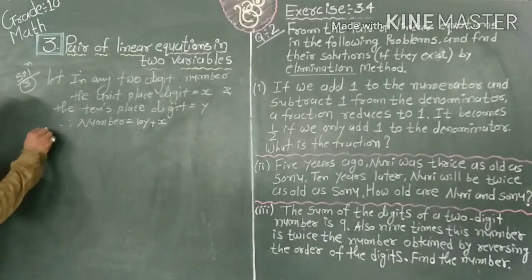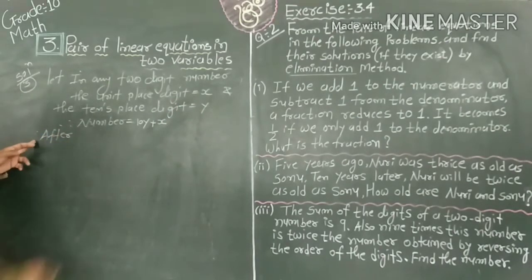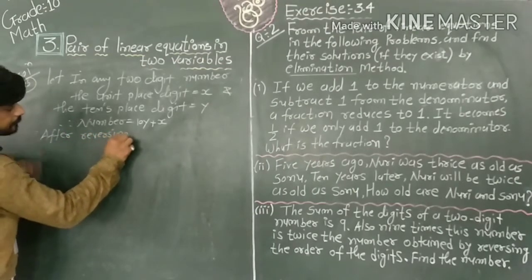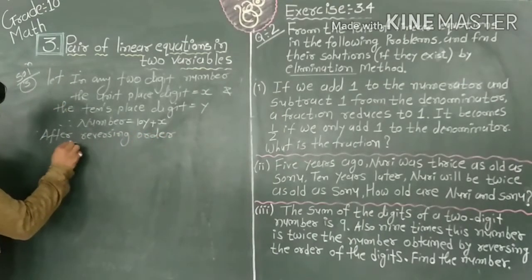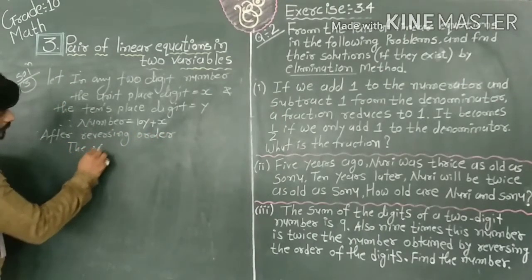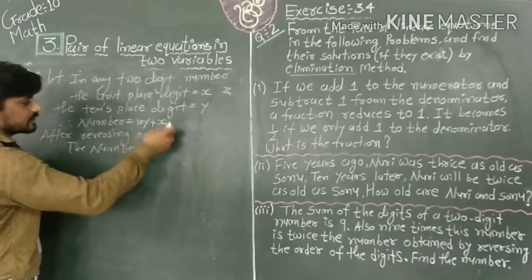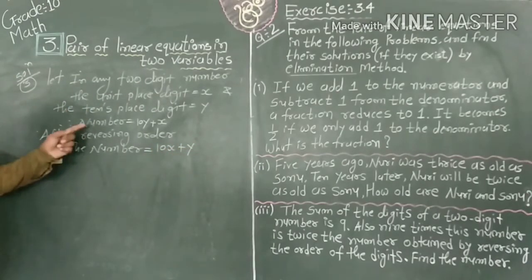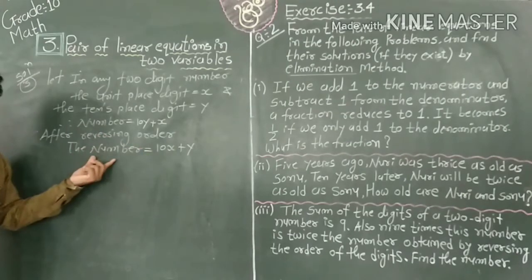Therefore, after reversing the order, the number is equal to 10x plus y. Okay, this is our original number and this is the number when we change the order.